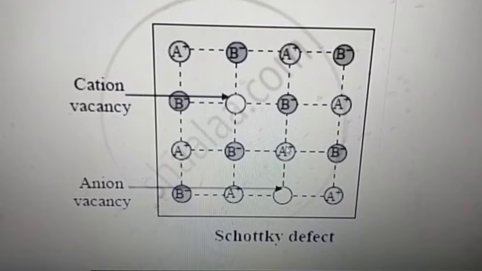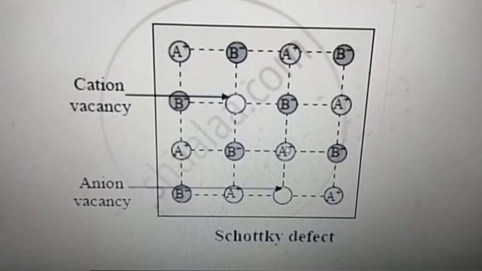If we take 1 cubic centimeter of volume, in that volume 10 to the power of 6 Schottky defects will be present. So in 1 cubic centimeter, how many ions will be present? There are nearly 10 to the power of 22 ions. So there is one Schottky defect per 10 to the power of 16 ions.